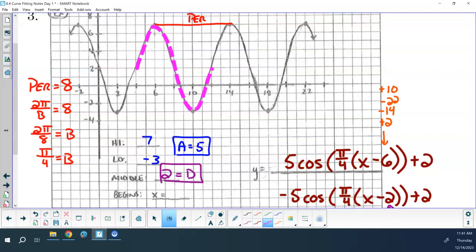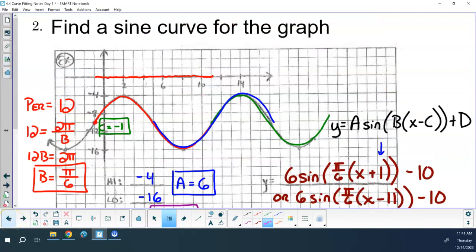Likewise on the first one that we did, if we had started here, we could have come up with a cosine function for that same graph. The period's going to be the same, which means the B value is going to be the same. The A value is going to be the same. The D value is going to be the same. The only thing that changes is the actual function and the start, where you're actually starting.